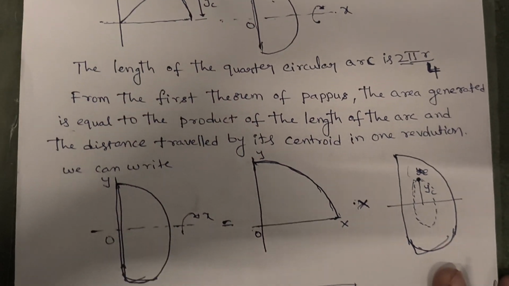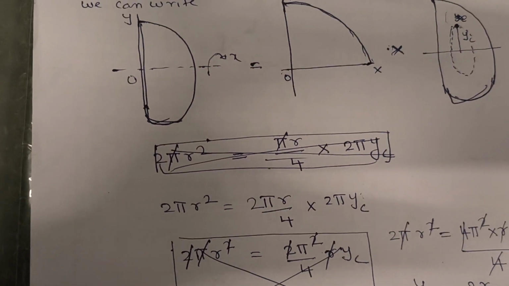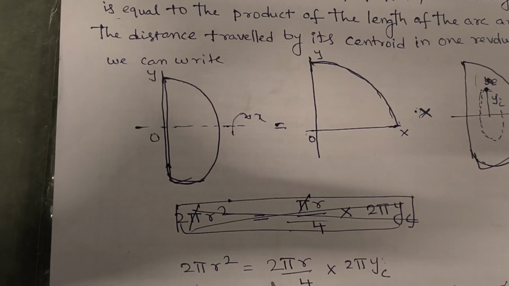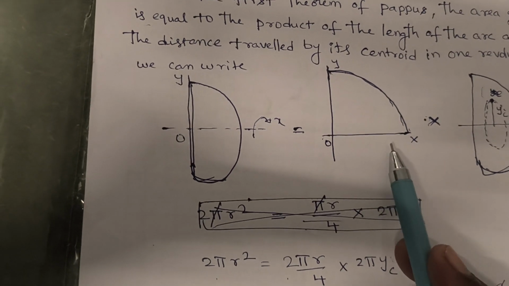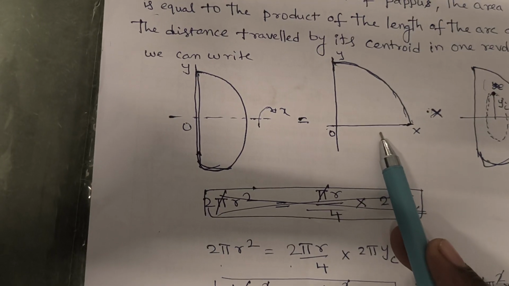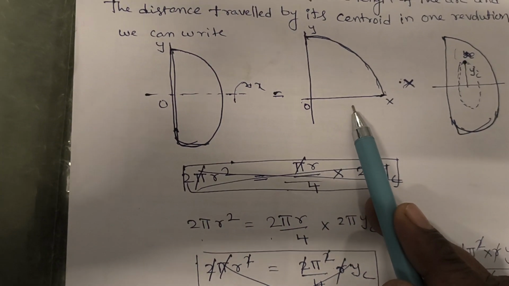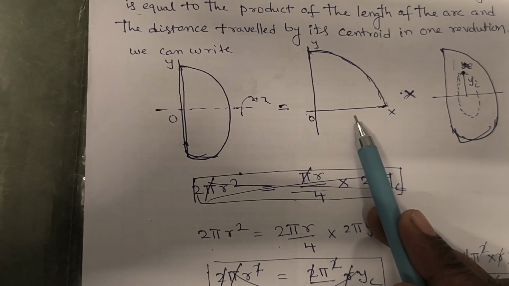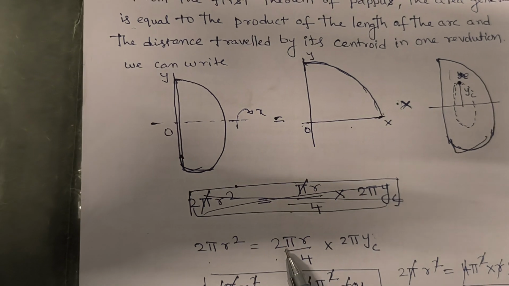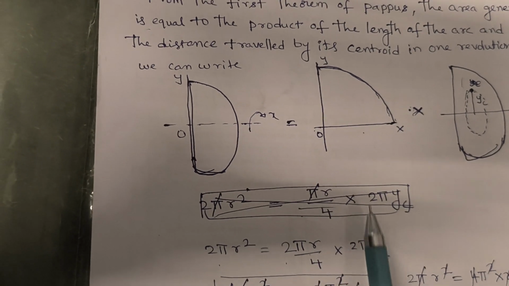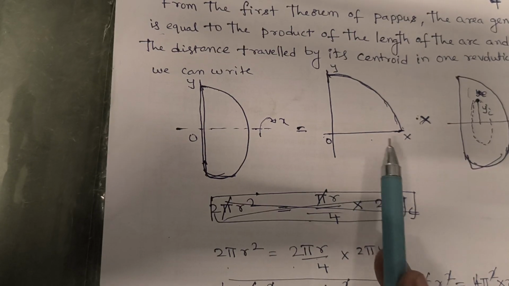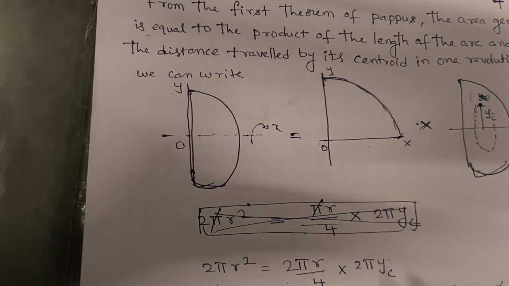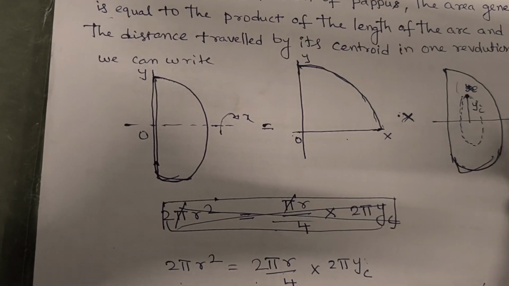Now we apply the first theorem of Pappus. The surface area generated is 2 pi r square, which equals the length of the arc, 2 pi r by 4, since it is one quarter of the circle, multiplied by the distance traveled by the centroid during one revolution.